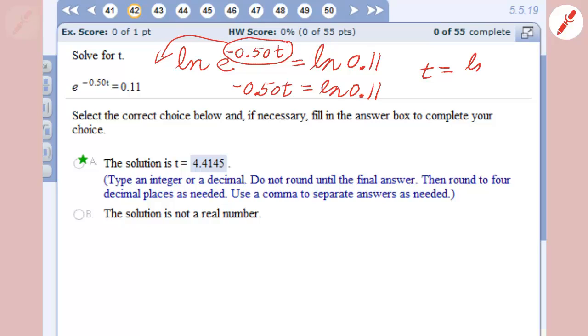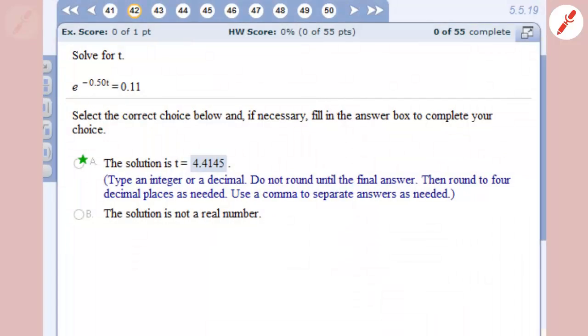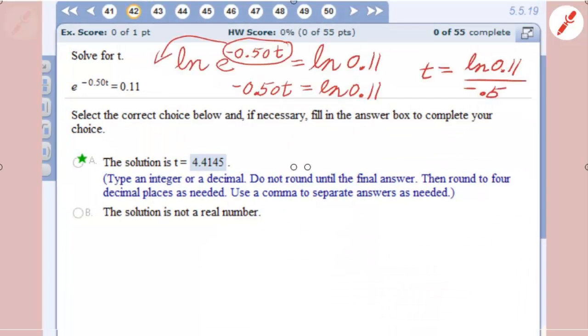the ln of 0.11 over negative 0.50, or negative 0.5. Let me erase that and make the 5 look like a 5. There we go.